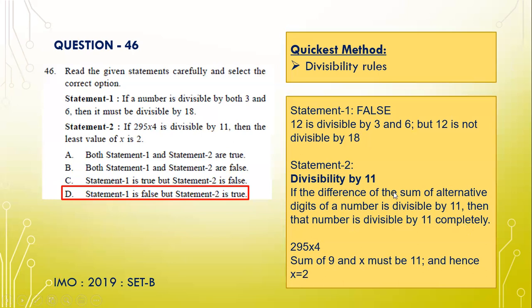Sum of alternate digits: 5 plus 4 is 9, and 9 plus something. The difference must be divisible by 11, isn't it? So 9 plus x must be divisible by 11. Least value of x is 2. So x is equal to 2, isn't it?